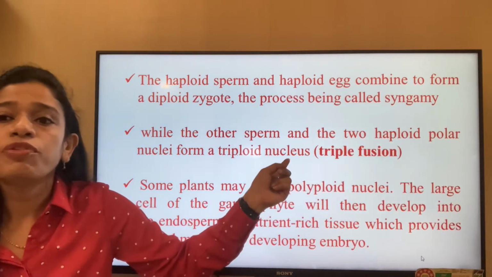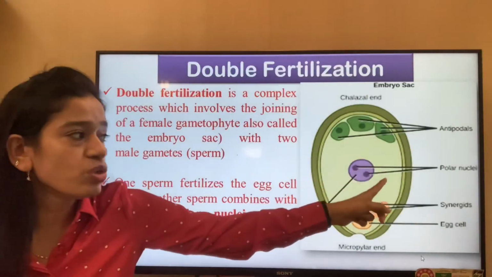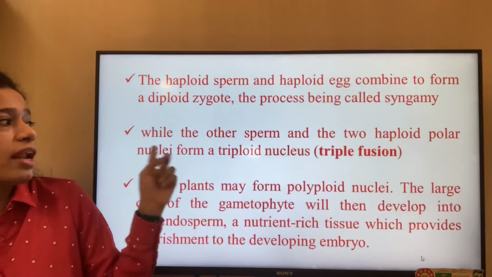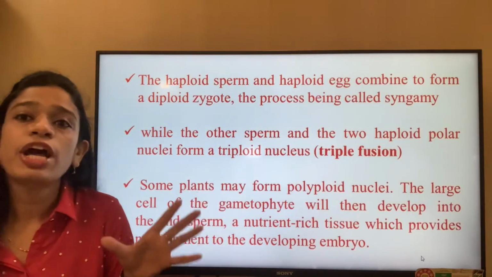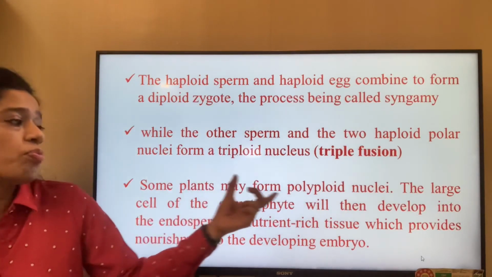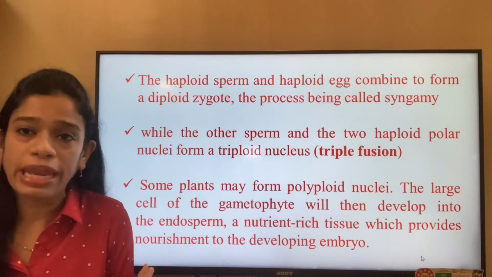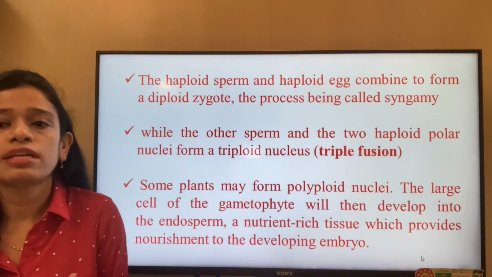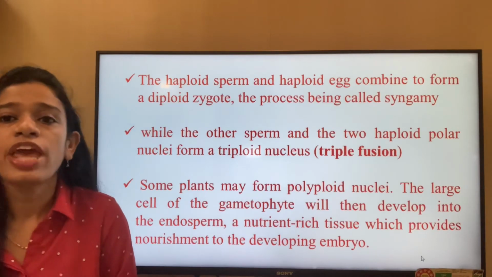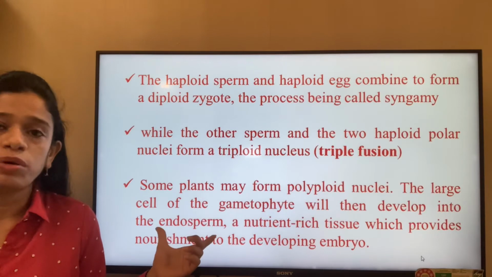Here there were two polar nuclei, and they fused with another sperm nucleus forming a triple fusion. In some plants there are also polyploid nuclei. Instead of 3, it becomes many in number, and the large cell of the gametophyte transforms itself into an endosperm.